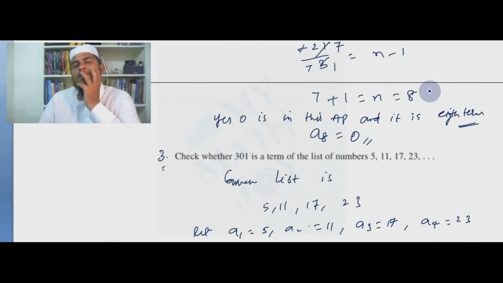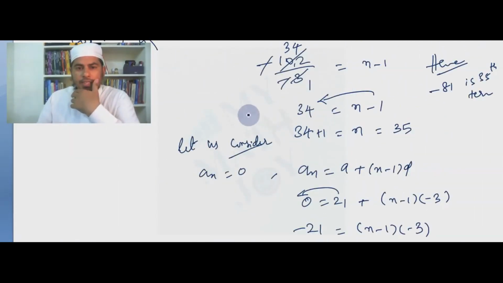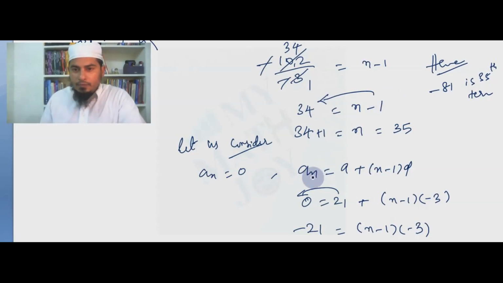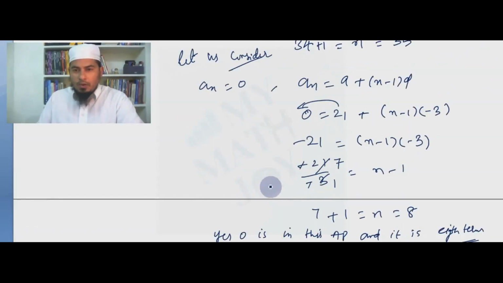Let us consider a_n to be 0. a_n is equal to a plus (n minus 1) into d, and a_n is 0, a value is 21 plus (n minus 1), and d is negative 3. 21 is transposed, we got negative 21, and minus 3 is transposed to the left side, we got negative 21 over negative 3.